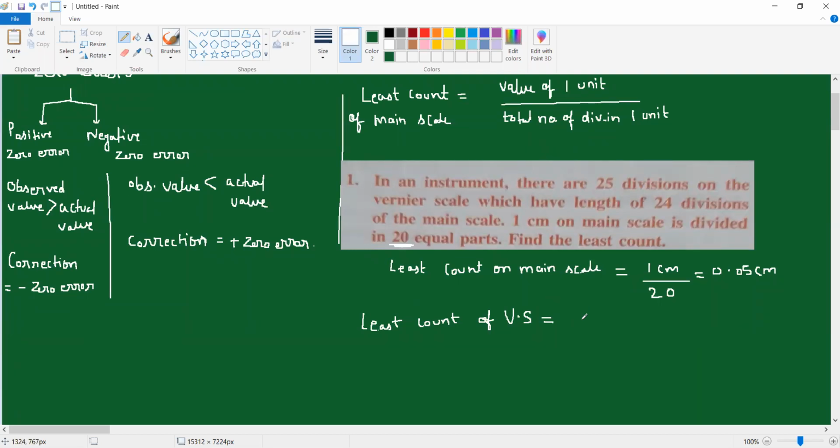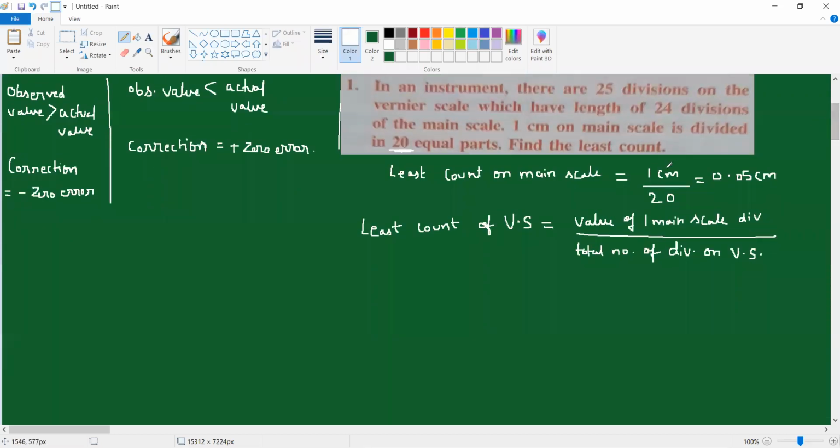So we have one main scale division divided by the total number of divisions on the Vernier scale.